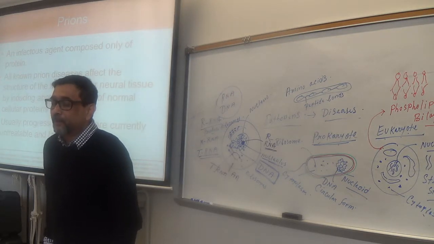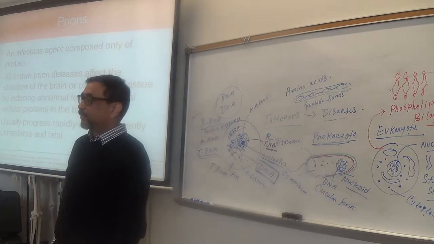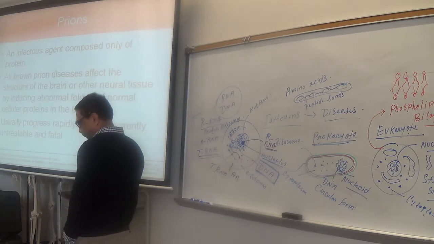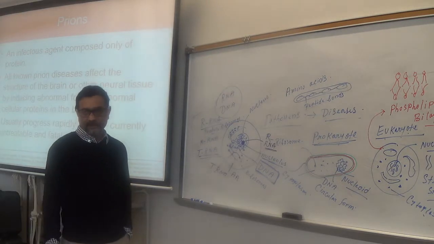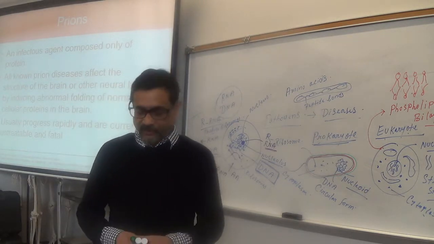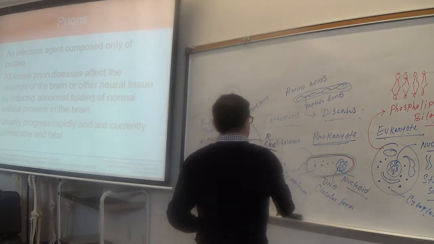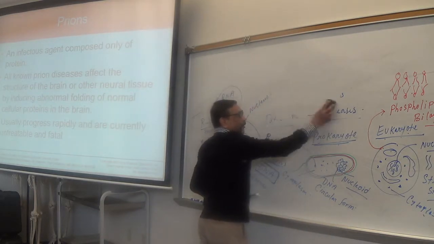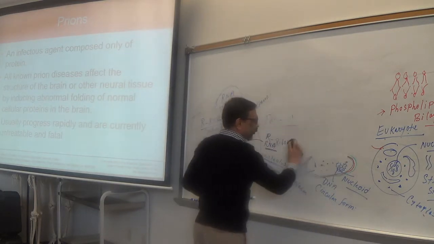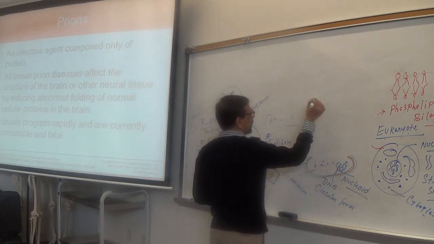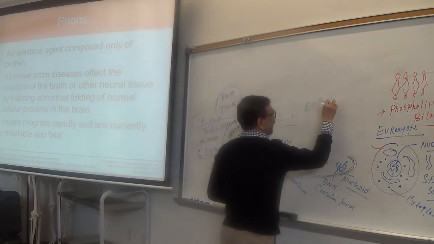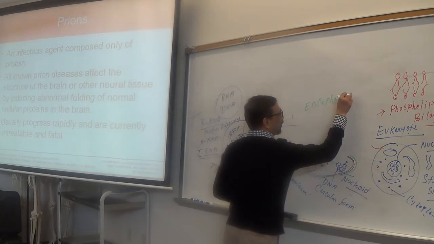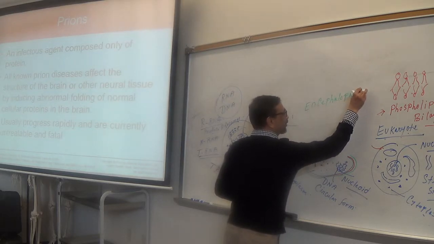Most of the time, prions cause diseases in the brain. Okay, encephalopathies. So prions are mainly responsible for any brain diseases, and that is called encephalopathies.